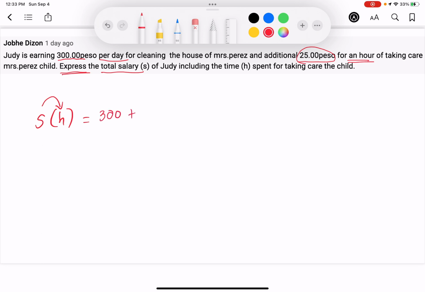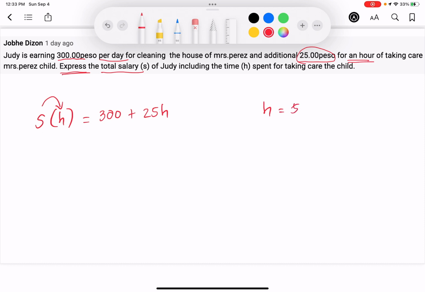Plus, meron ka pang 25 pesos kada oras. So, 25H.